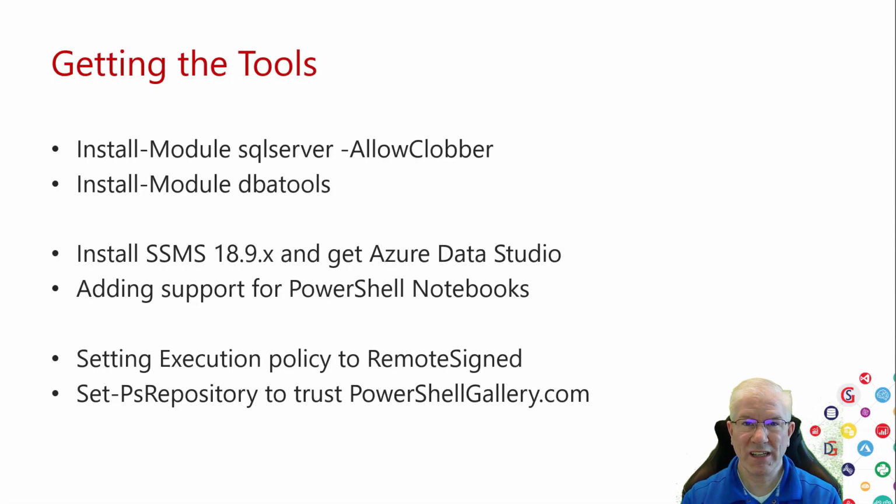To get the tools, it's really all about how you are set up on your machines right now. By default, Windows comes with Windows PowerShell. From 2016 and above, and Windows 10, you automatically have Windows PowerShell 5.1 installed and ready to go.